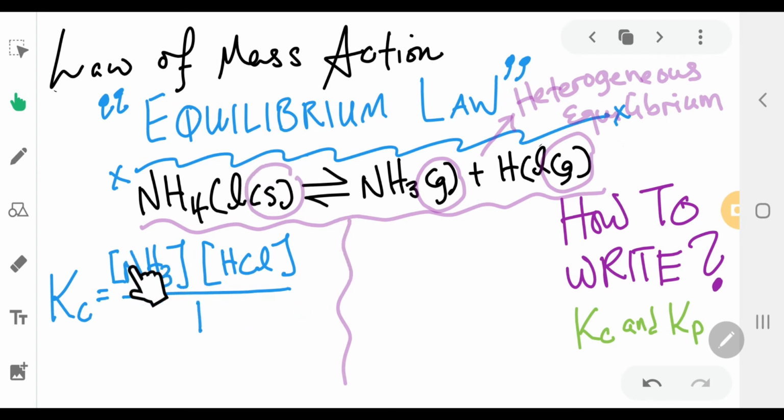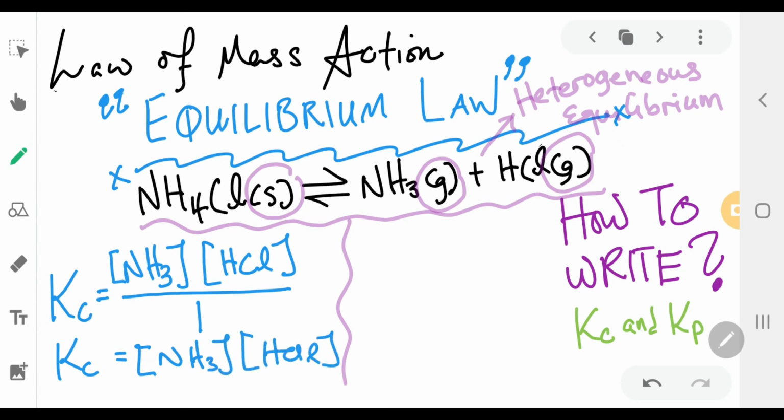So when you have concentration of NH3 multiplied by the concentration of HCl to the power of 1 for both, divided by 1, you will have Kc equals to NH3 times HCl. So that is how you're going to write it.